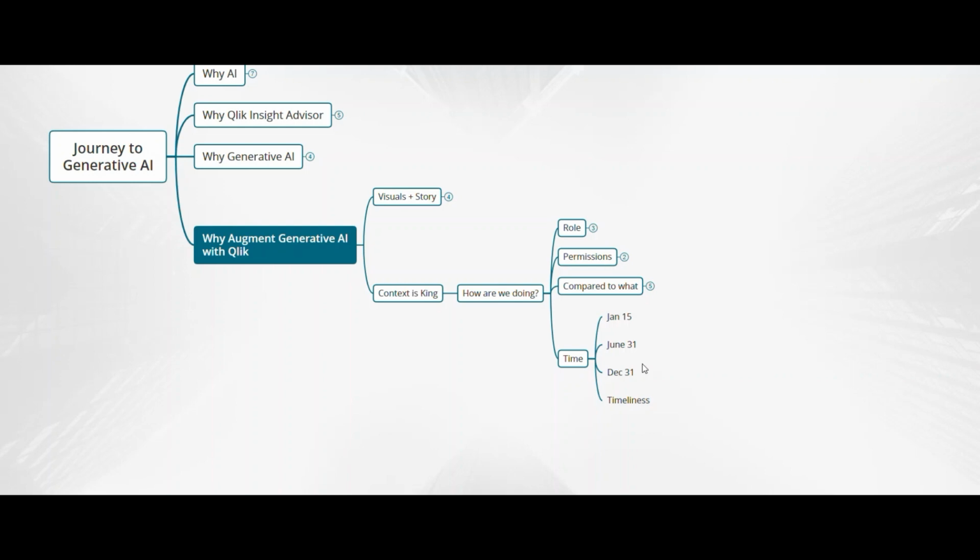But if he asked me that exact same question on June 30th, I know he's looking for some quarter end data as to how we're going to close out the quarter. Or he may be looking for some pipeline ideas here. Do we have the pipeline that's going to help us finish out the year successful?